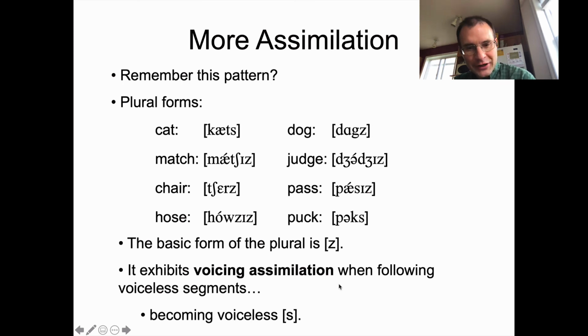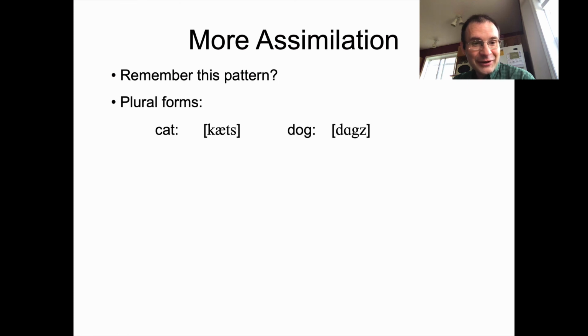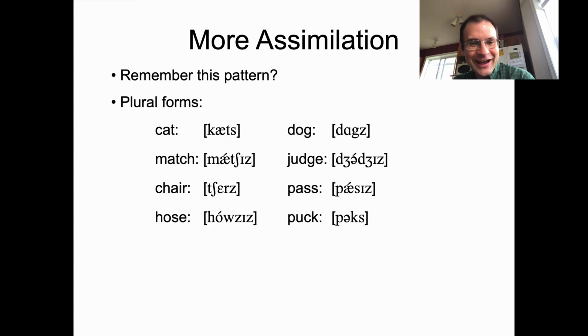But there's more going on here, right? So that explains these 4 monosyllabic forms we get: cats, dogs, chairs, and pucks. They just have to match in voicing at the end there. But what happens with matches, judges, passes, and hoses? Okay, I'm going to walk you through all this again on the next slide.